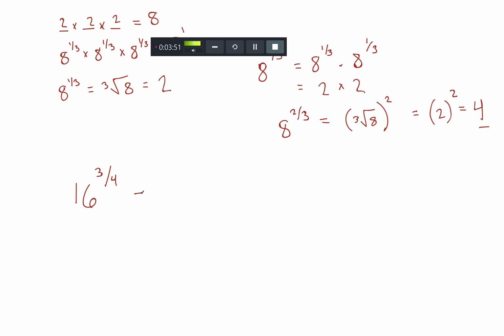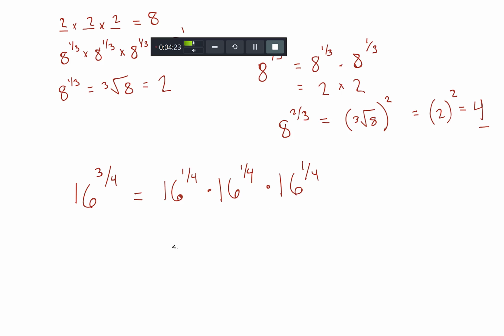Well, that is the same thing as 16 to the 1/4 times 16 to the 1/4 times 16 to the 1/4. Well, what is 16 to the 1/4?